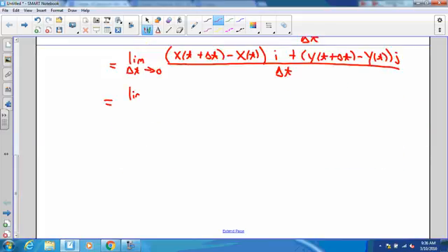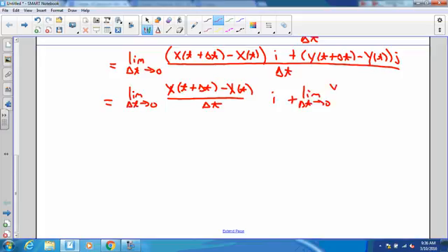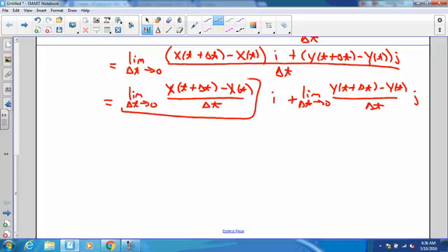But now I can use linearity to write this as the limit as delta t goes to 0 of x of t plus delta t minus x of t all over delta t times i, plus the limit as delta t goes to 0 of y of t plus delta t minus y of t all over delta t times j.